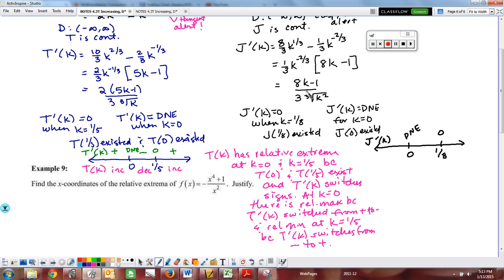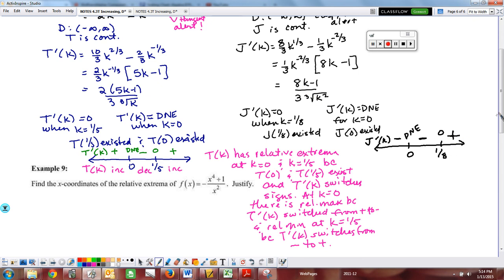If I were to pick anything like -10, you would end up with negative over positive, so it's negative. If I pick something like 1/10, or let's do 1/16 because that's easier, 1/16 would be negative over positive, so that's negative. And then anything larger than 1/8, say 1, is going to give me a positive value.